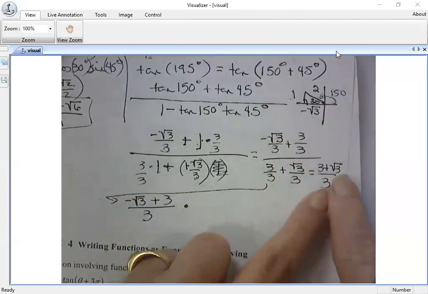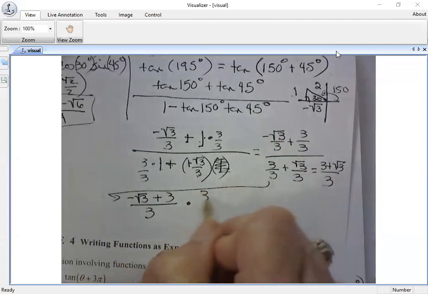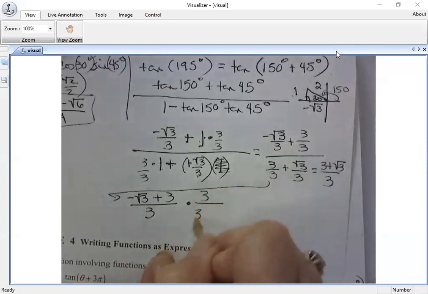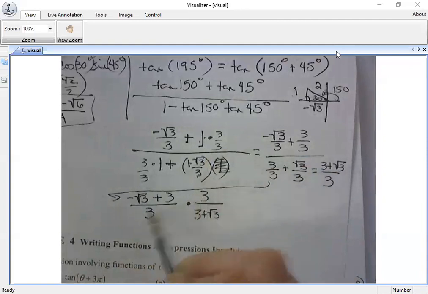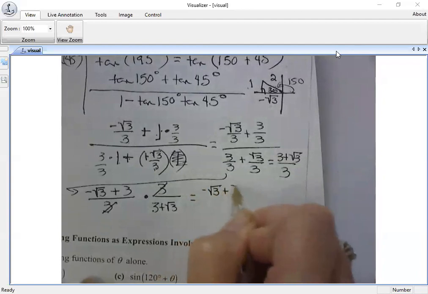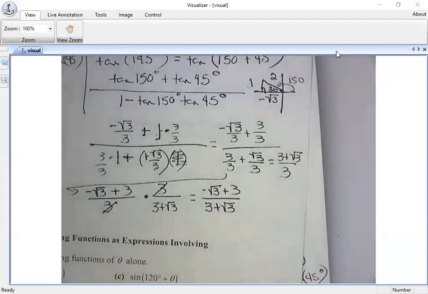And if I take the reciprocal, what goes on top? 3. What goes on bottom? Yeah, 3 plus the square root of 3. And now what can I do with these 3's? Cancel. Okay. So we have the negative square root of 3 plus 3 on top over 3 plus the square root of 3 on bottom.